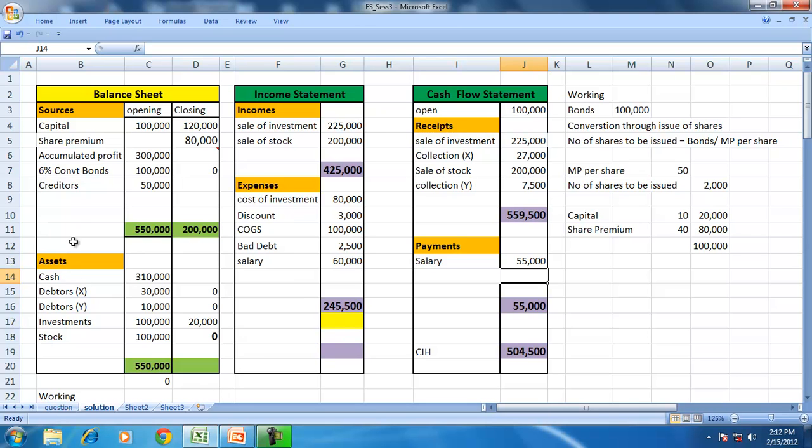So there is an outstanding salary or salary accrued. Outstanding salary is 60,000 minus 55,000.